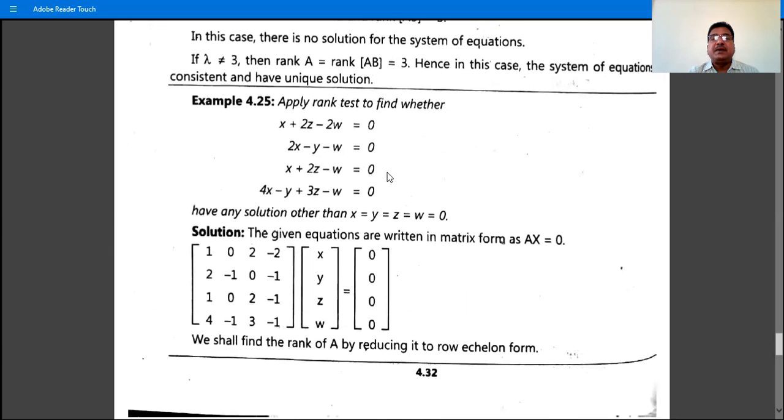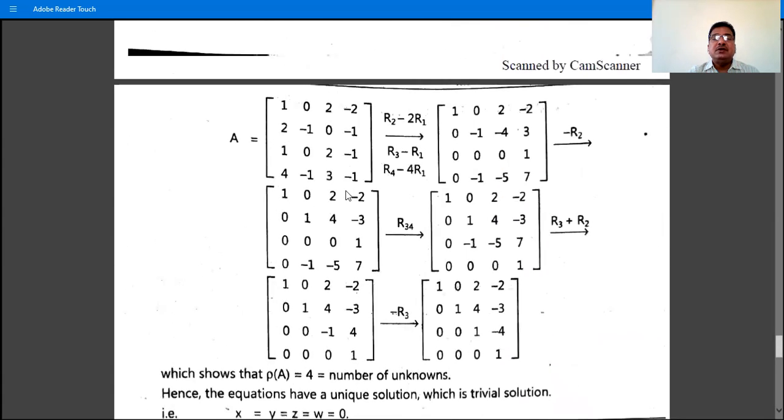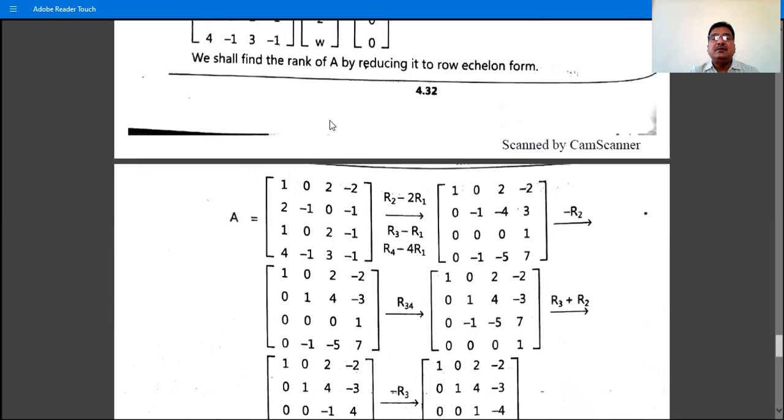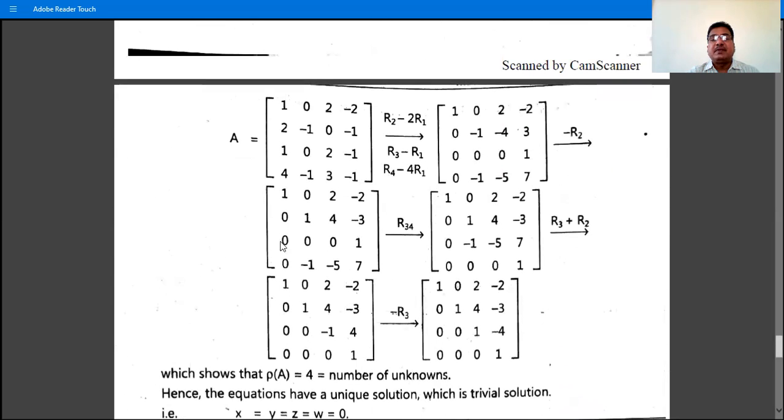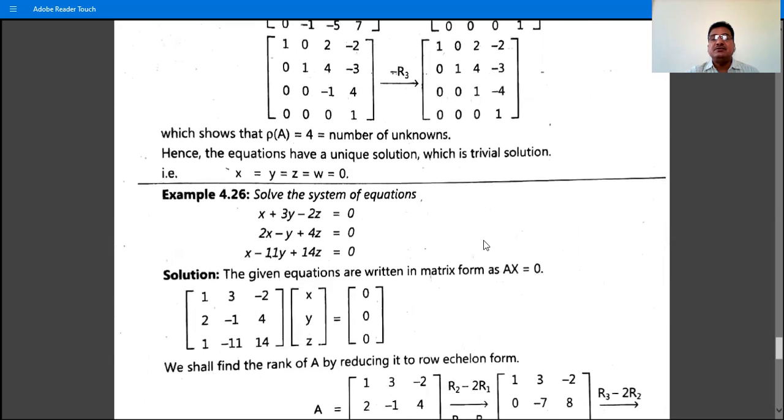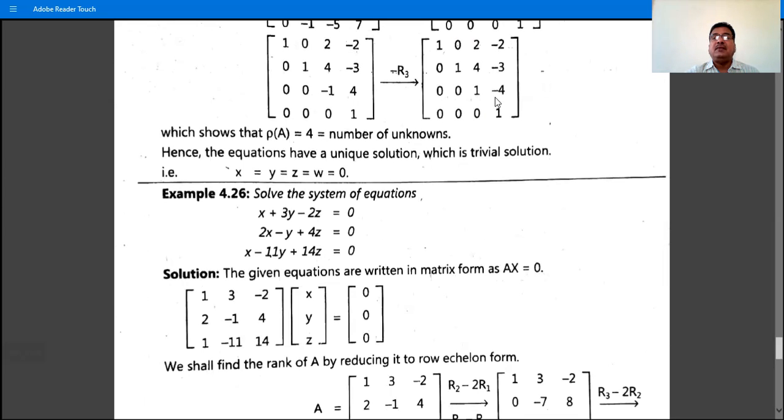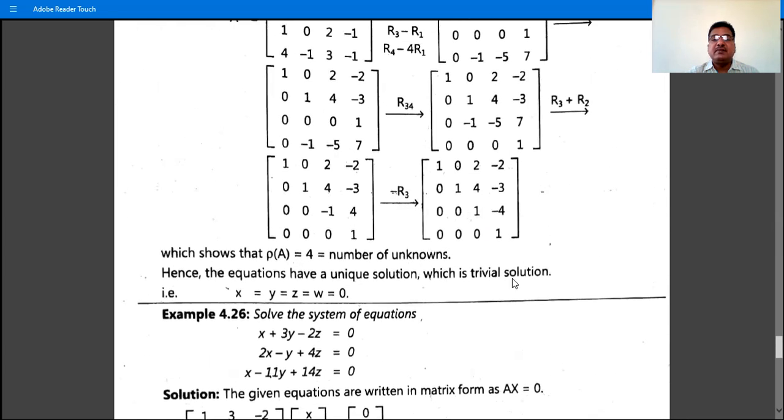Apply the rank test to find whether the system has any other solution than this, that x is equal to 0, y is equal to 0, z is equal to 0. So write the matrix form of the system, then consider the augmented matrix and reduce the matrix to echelon form. If you observe, rank of A and rank of AB both are 4 and equal to the number of unknowns. Therefore, the system has only one solution, the trivial solution. That is x is equal to 0, y is equal to 0, z is equal to 0, and w is equal to 0.